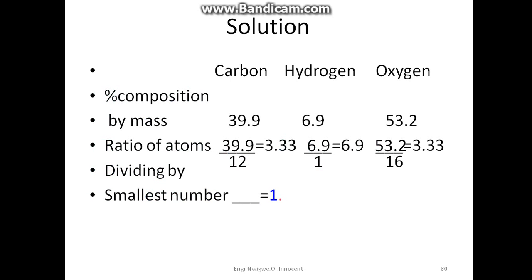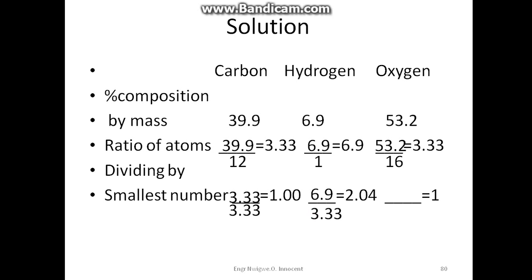Then divide by the smallest answer, which is 3.33. We now have 3.33 divided by 3.33 for carbon, which gives us 1.00. For hydrogen, 6.9 divided by 3.33 gives us 2.04.